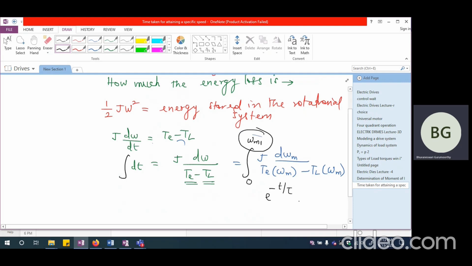So it is going to definitely take an infinite amount of time if I look at omega m1 as being the only speed that is acceptable.